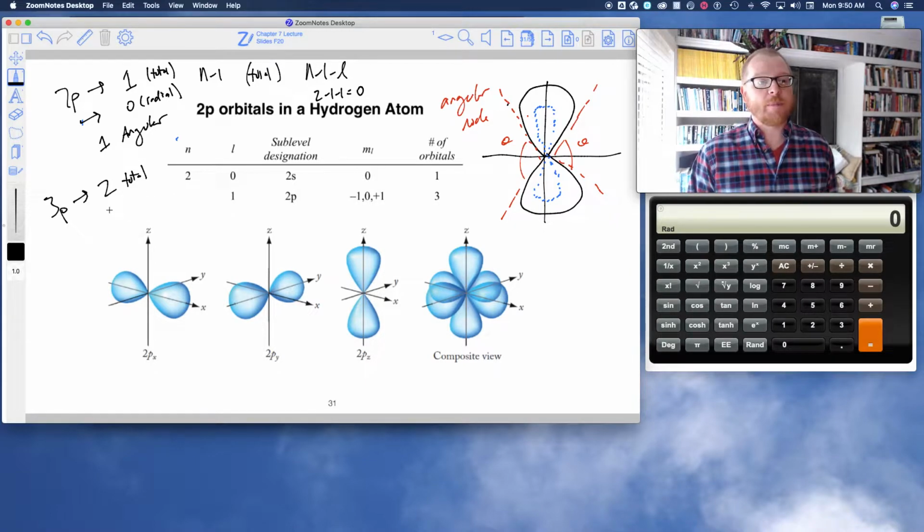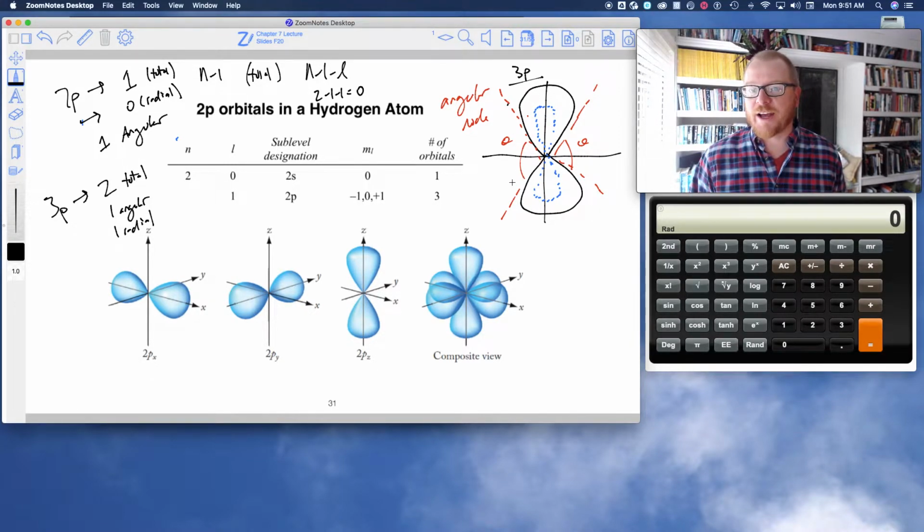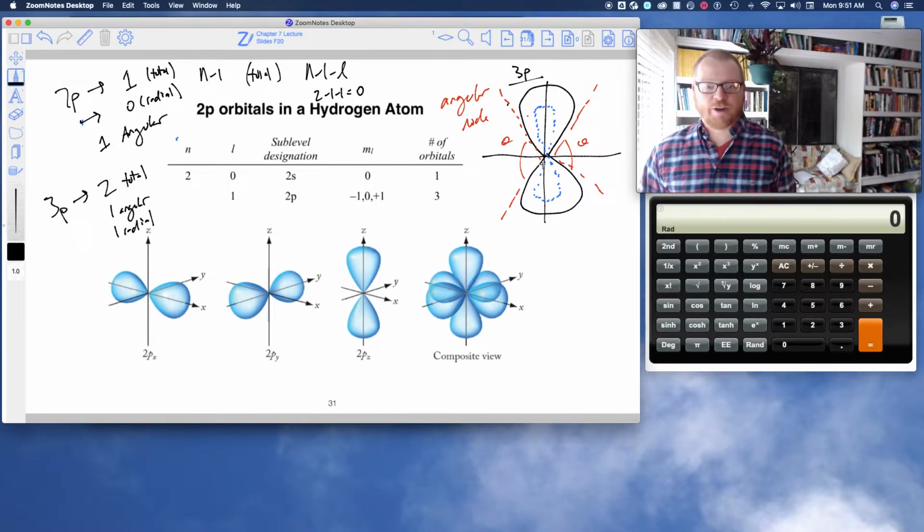So that means 3p has 1 angular node and 1 radial node, and this is it. This is a 3p orbital that I'm showing you right here. These solid angles, these excluded areas that I've indicated, those are your angular nodes. The radial node is internal, and we'll see that on a graph in a moment.